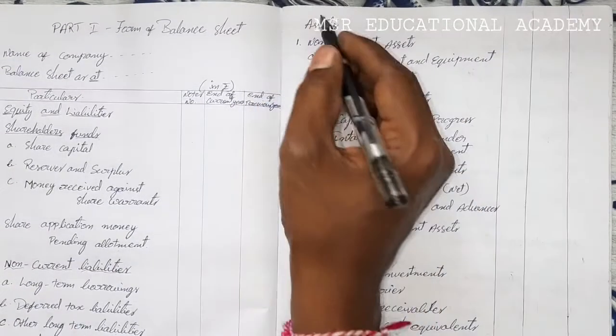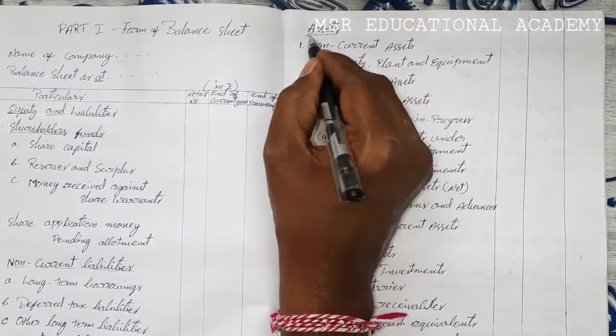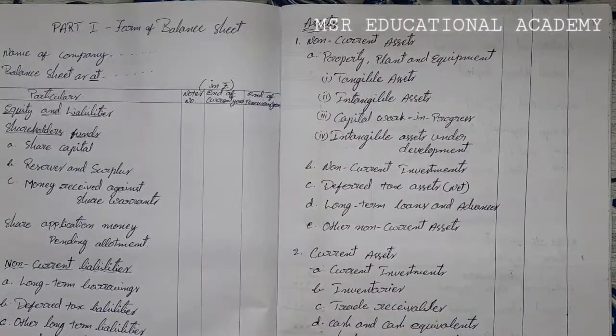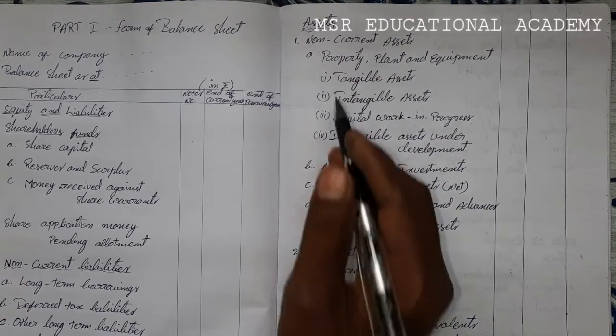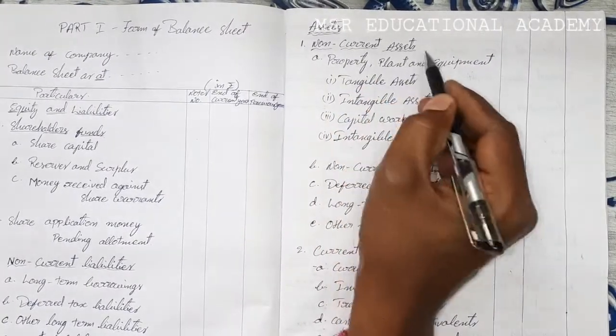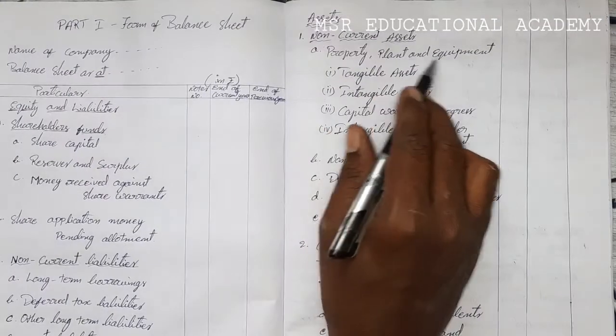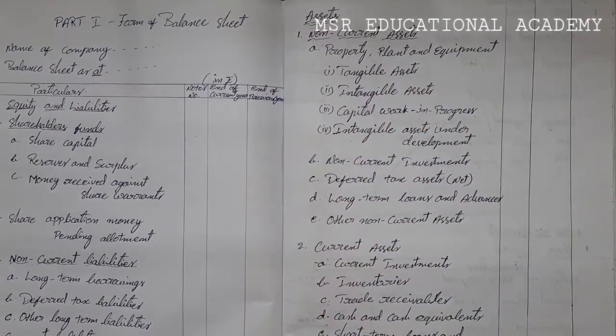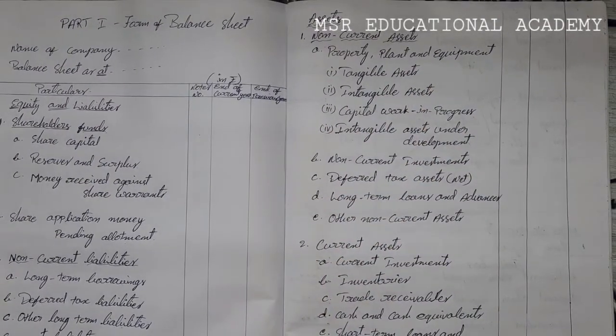Under assets, first one, non-current assets. Under non-current assets, that is property, plant and equipment. Here we can call it fixed assets also.